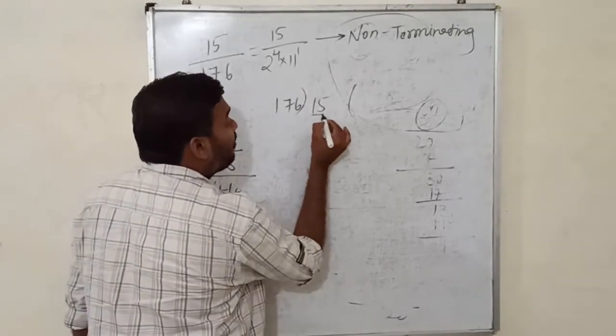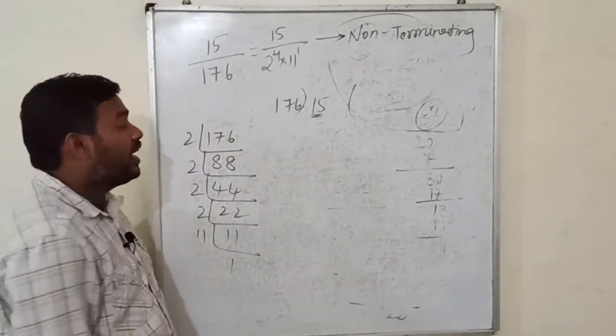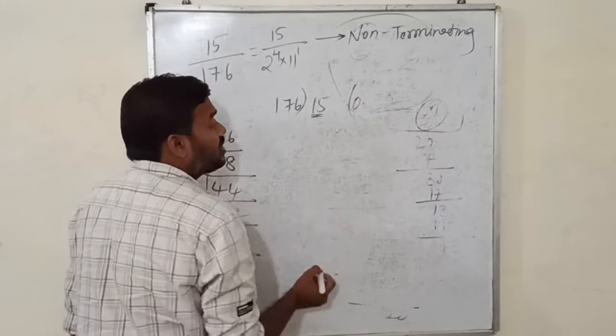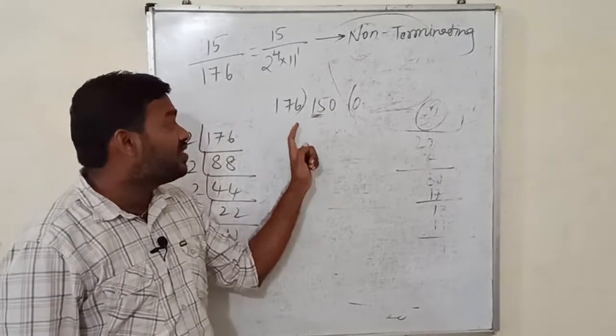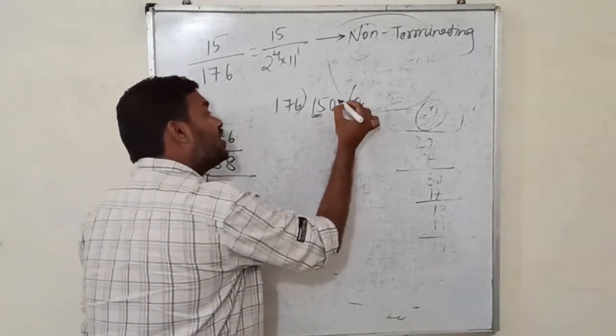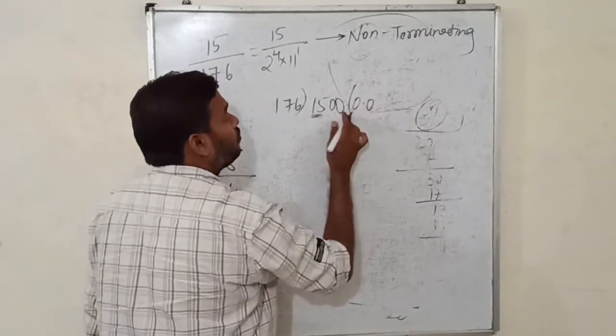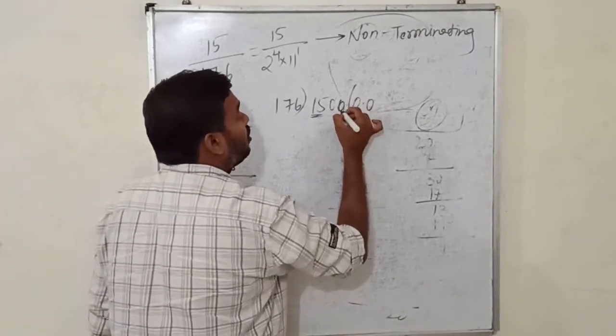Here you can't divide 15 by 176, so take a decimal point here and put a 0 here, and again this is less than 176, so put a 0 again. 1500.